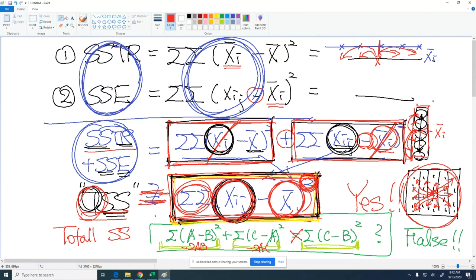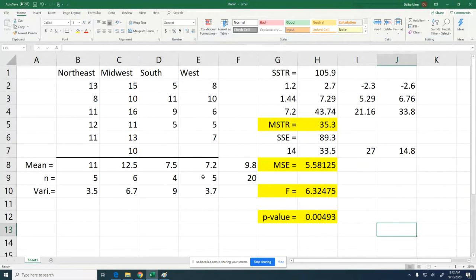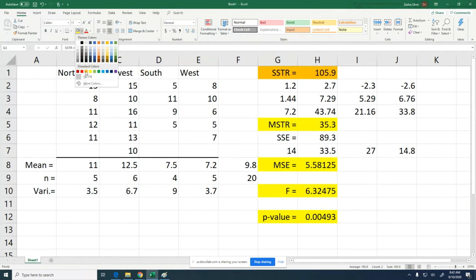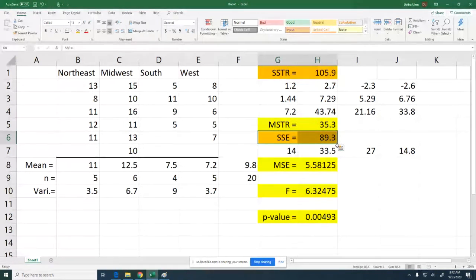Okay? Let me go back to the Excel here, right? We take the SSTR 105.9 from before, and here is the SSE 89.3. What does it mean? When I take another SST, how?